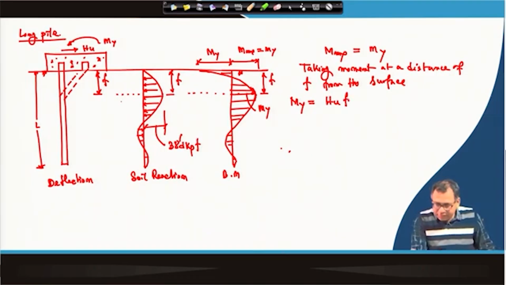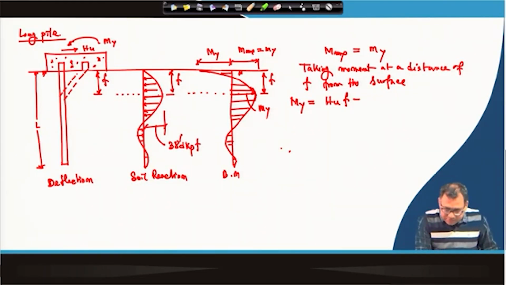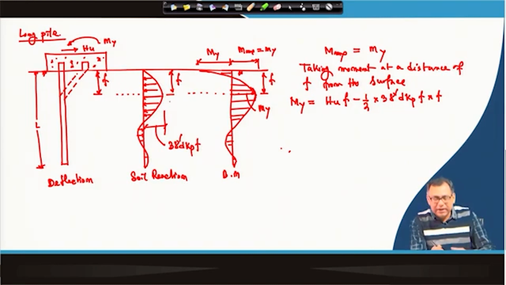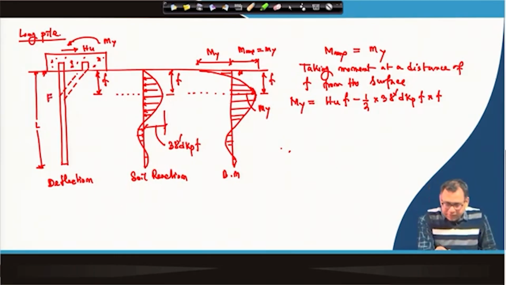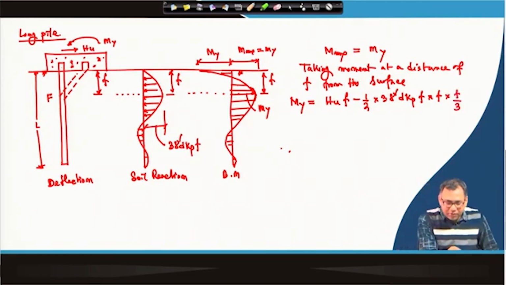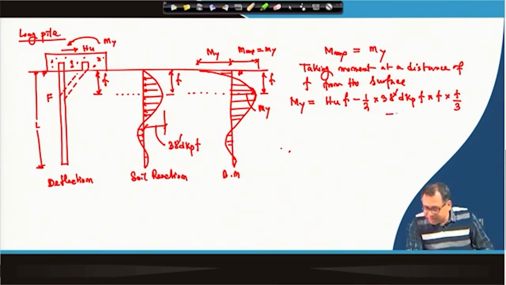Then the negative contribution, and again we assume that up to F point this is the linear portion, and the total force will be half into 3 gamma dash d k p F into F, and we are taking from this point F. If I consider it a triangle above the F point, then this will be F by 3, then there will be a moment M y acting at the surface. So, minus M y.